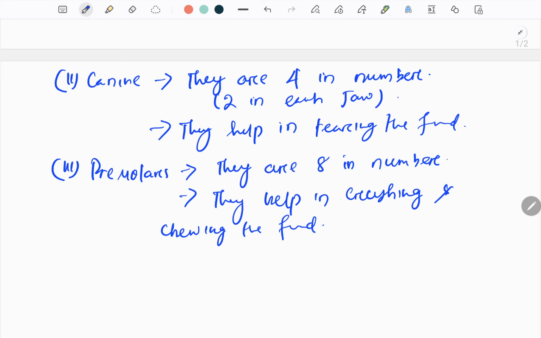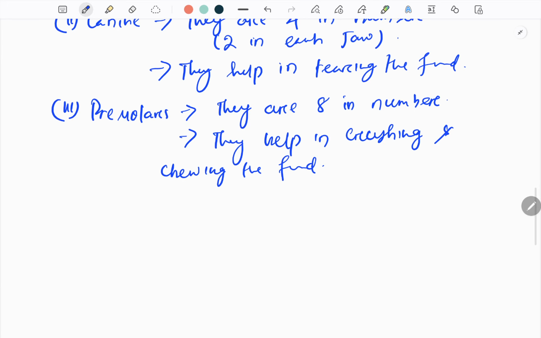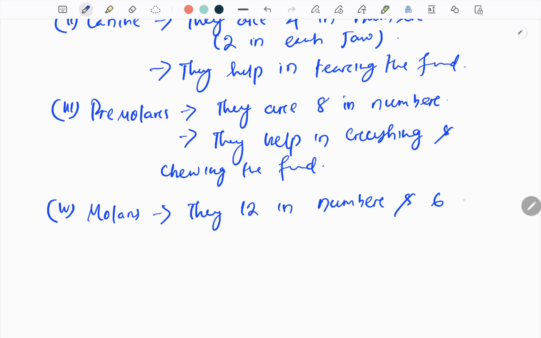Okay, the last type of teeth in our buccal cavity is molars. They are 12 in number, 6 in each jaw.